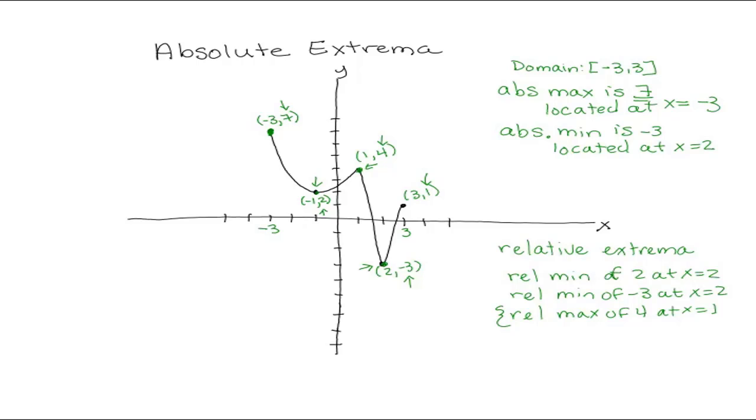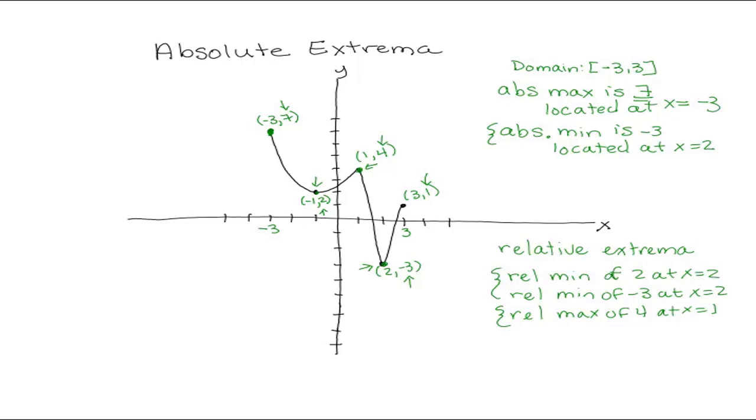And there's always only one global max and global min. So even though we have two relative min, we only have one absolute min. And that does happen to match up with one of our relative min.